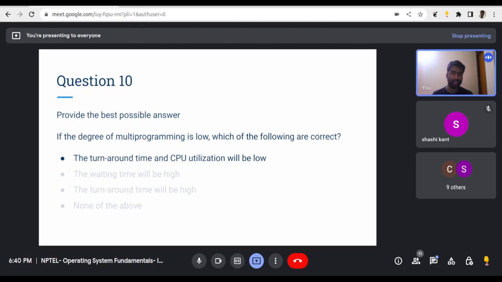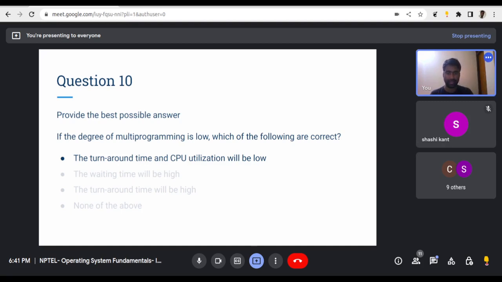In that case, the second process will be given the CPU time, and then it will execute. In any case, the turnaround time for the individual processes will be high. We will see what turnaround time and waiting time mean, and the relation between them, a bit later.